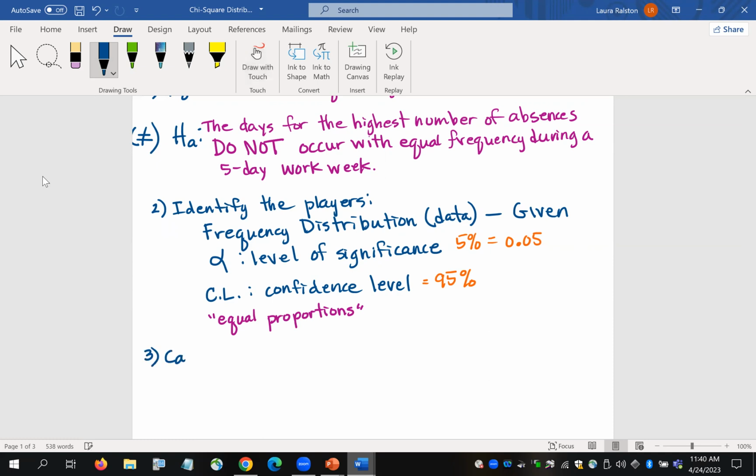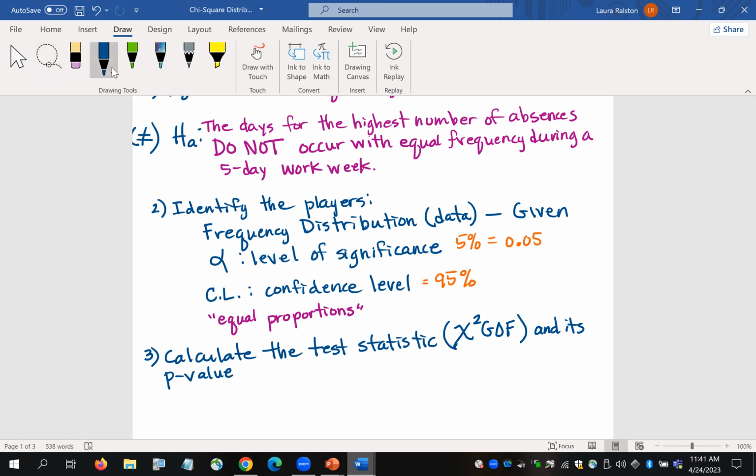So then step 3 is we're going to calculate the test statistic. And the test statistic we're going to calculate is chi-square goodness of fit and its p-value.